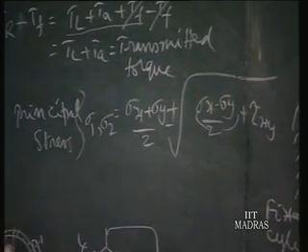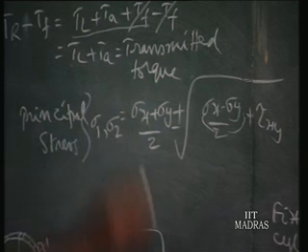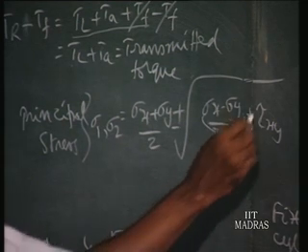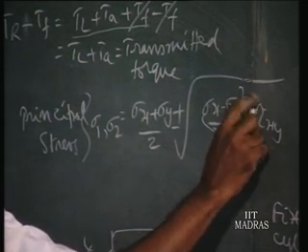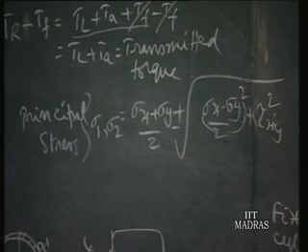This is when any element is subjected to two coordinate stresses sigma x, sigma y, and also a shear stress of tau xy. When there is shear stress, the principal stress will be given by this equation.